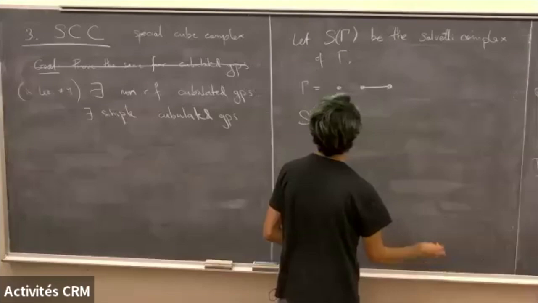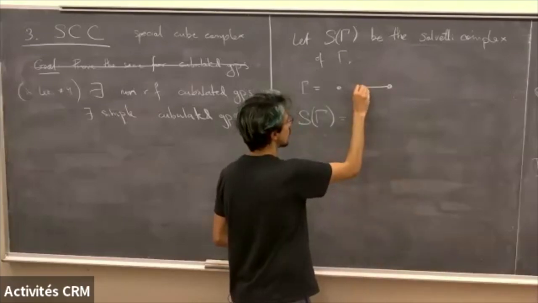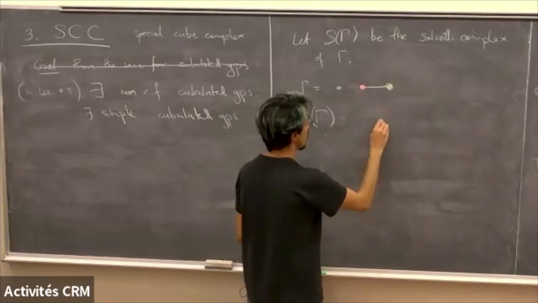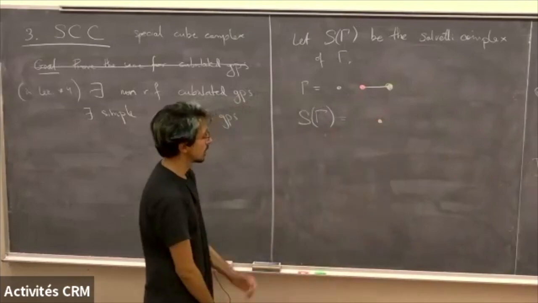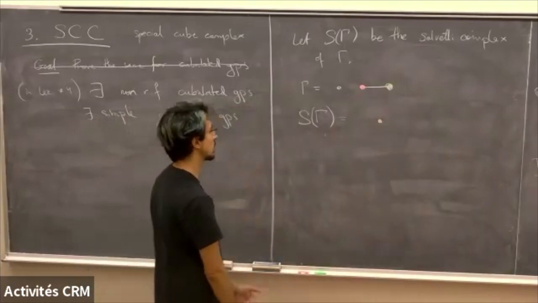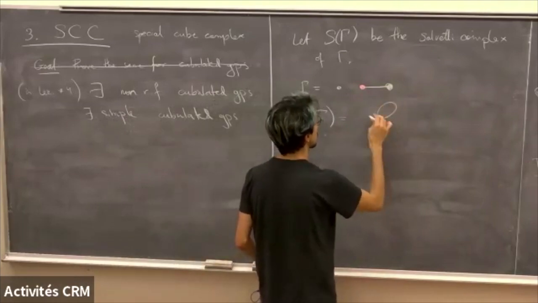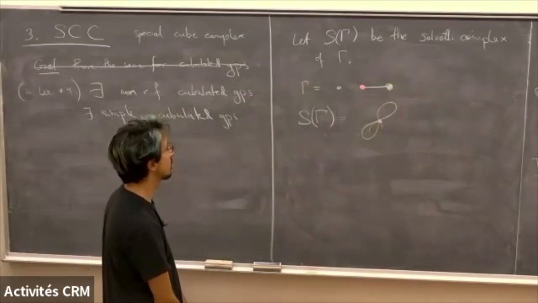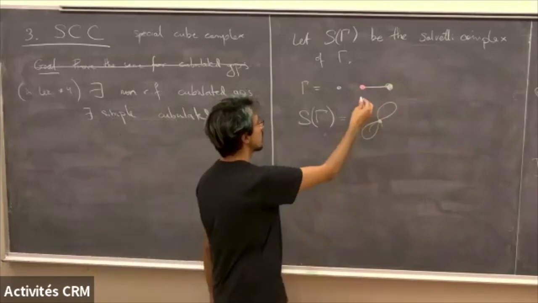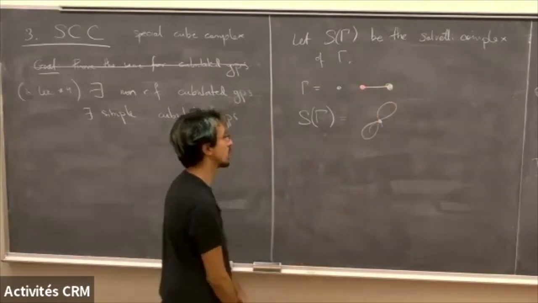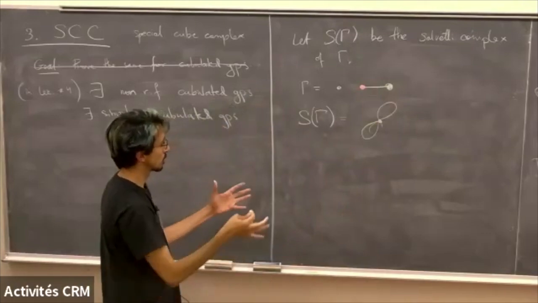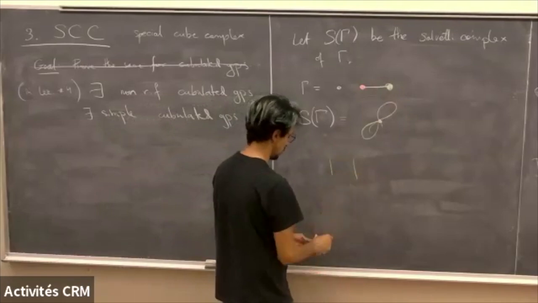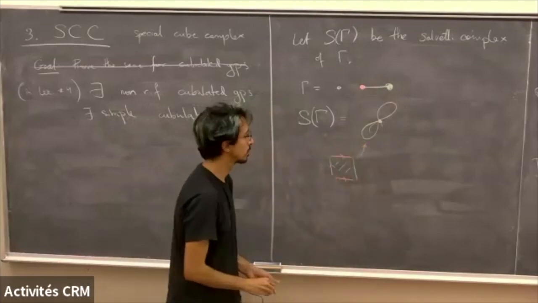So the Salvetti complex would be the cube complex you get by taking one vertex, and attaching an edge for each one of the generators. And whenever I have two vertices connected by an edge, I'll put a torus in.